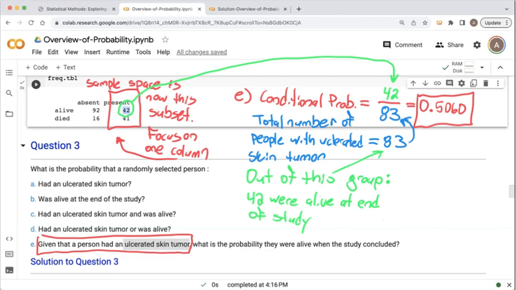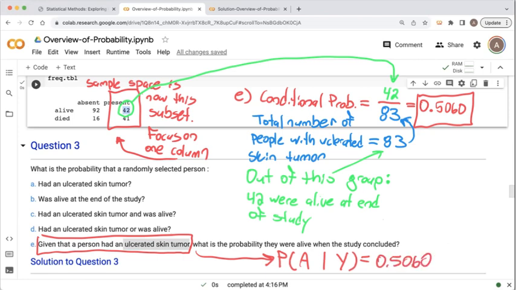And the notation that we use for a conditional probability is we put a little vertical bar inside the probability, and to the right of that bar, we put the given condition, which in this case was Y, and to the left of that bar, we put the other event, and that was that they were alive, so that's the A. And so this is almost like a fraction that we can read.